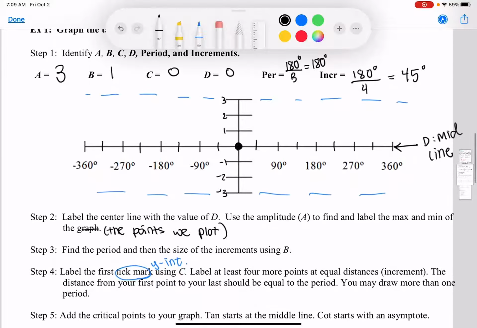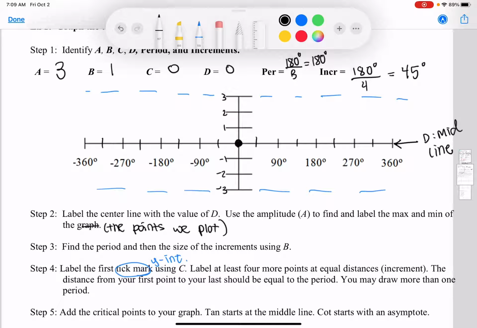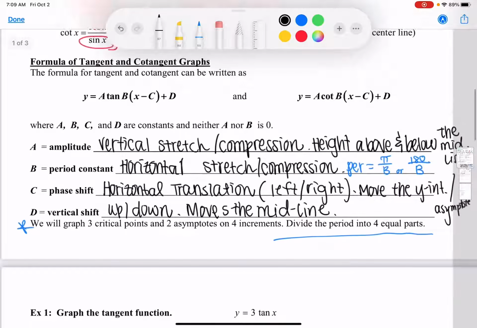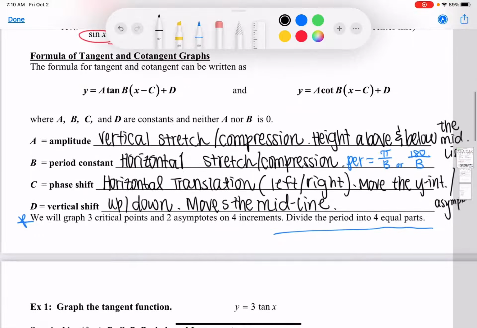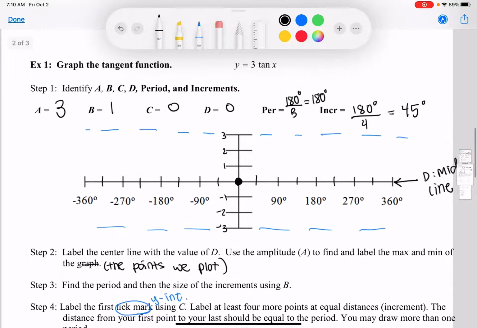All right, and so from this middle point, I am going to plot my next points 45 degrees away. I know the parent function of tangent has the point to the left down below, and the point to the right above the middle point. So I want to fit that pattern since I didn't have any reflections or anything.